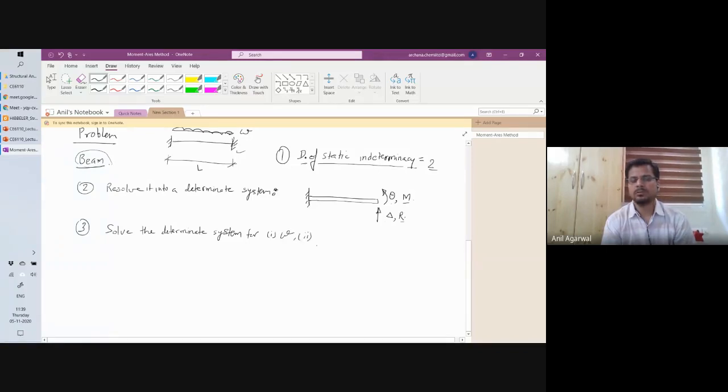It cannot always be W. And M, or R rather, and M. Okay. So R and M are both unknown forces, and W is a known force. For all 3 of them, we will solve this system. Okay. So let's do that. So on this cantilever, we apply a force W.